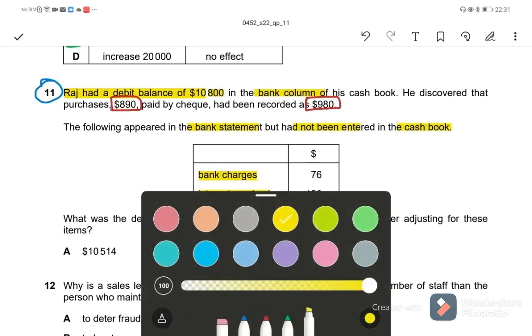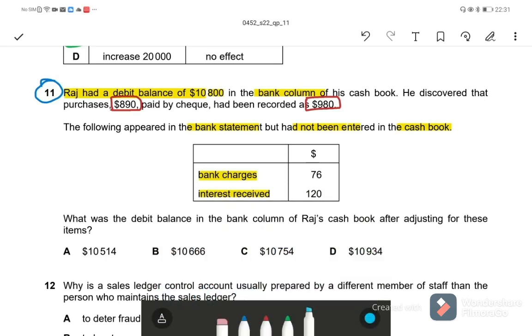What is the question? The question asks, what was the debit balance in the bank column of Raj's cash book after adjusting for these items? So here, what is the balance? The wrong balance is 10,800.